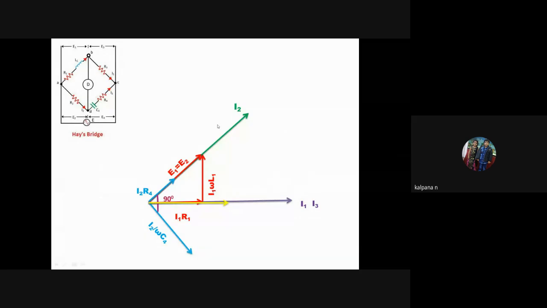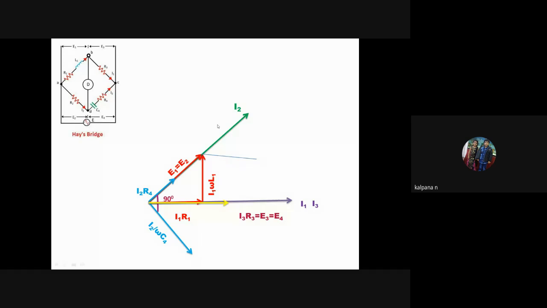Okay, next. The bridge is balanced, so I1 is equal to I3. The yellow line is I3. Next, I3 R3 is equal to E3. Why? Because the element is a resistance. When a resistance element is present in the circuit, the voltage drop across that resistance and the current through it are in phase with each other.